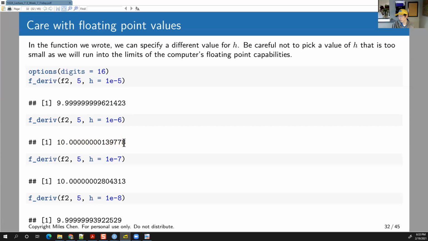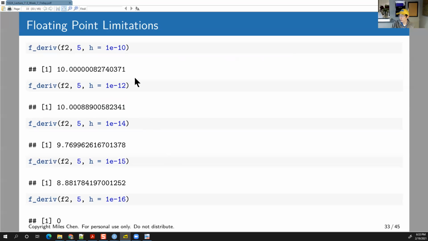The last 6 digits are off. Adding 10 to the negative 7, in this case, actually the last 7 digits are off. And same with 10 to the negative 8, the last 7 digits are off. As I add smaller and smaller numbers, you'll notice the amount that I'm off by actually gets bigger and bigger.